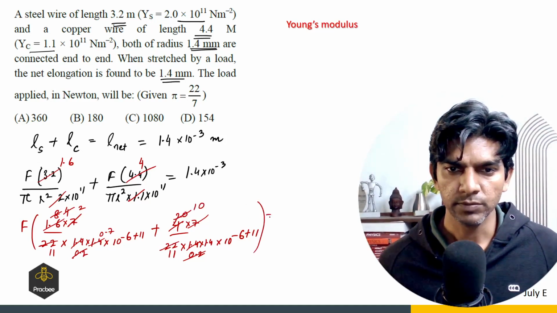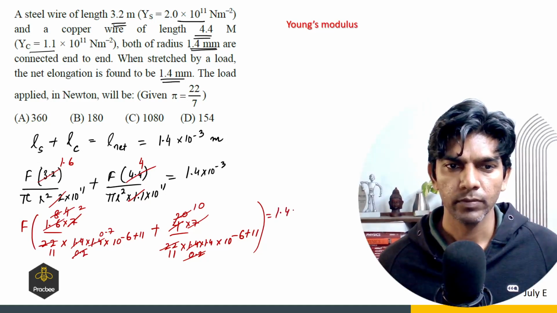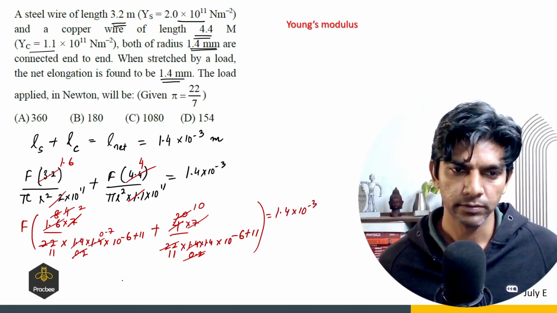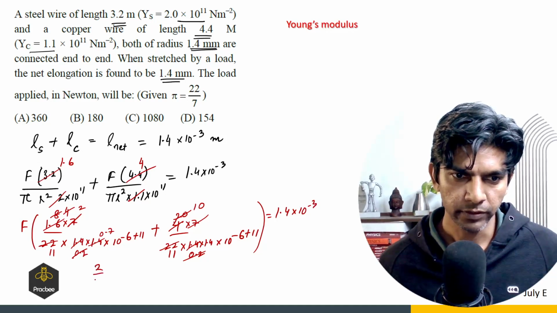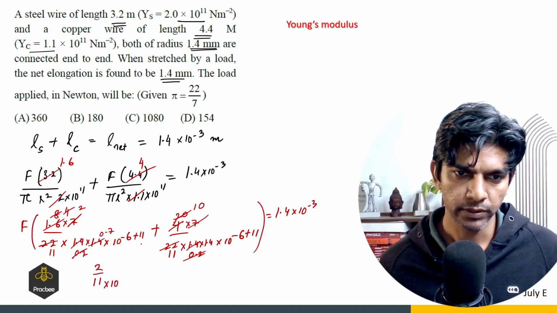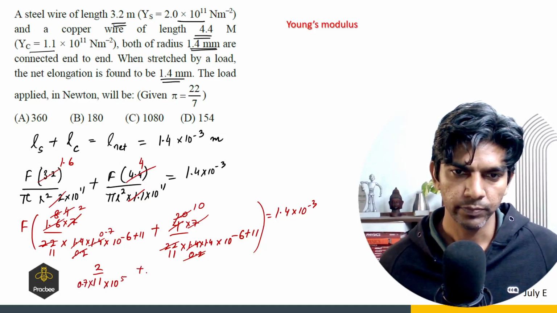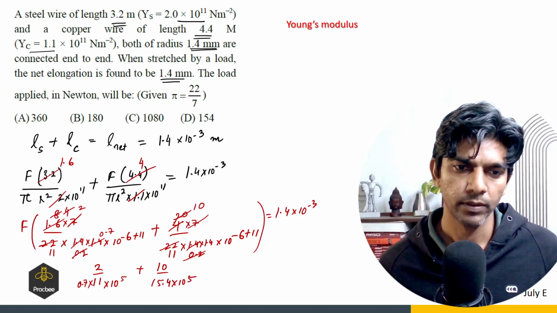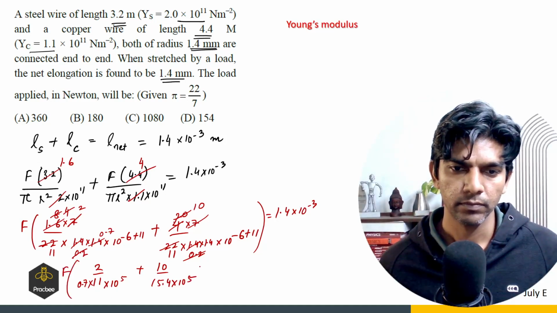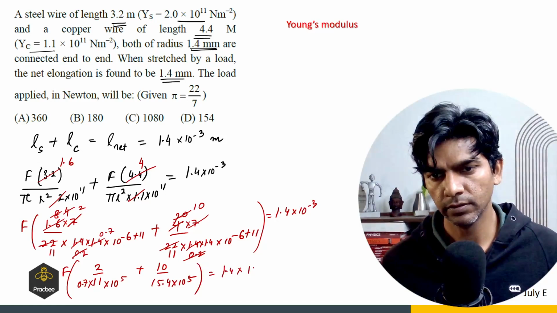Right, so this comes out to be 1.4 × 10^-3. So let us simplify this. So this will be 2 divided by 11 × 10^5, and we have 0.7 also, right? So 10^5 plus 10 divided by 1, 15.4 × 10^5 is 1.4 × 10^-3.